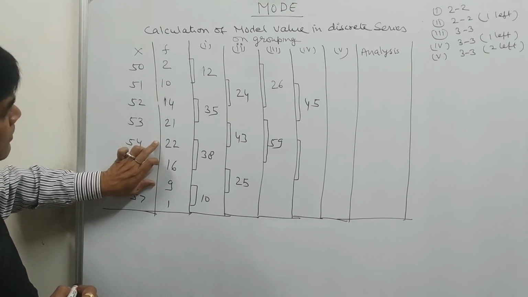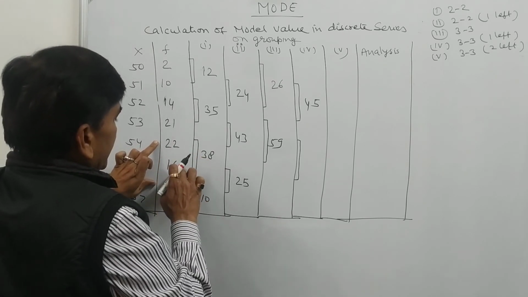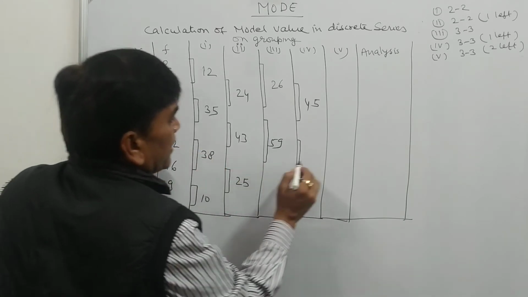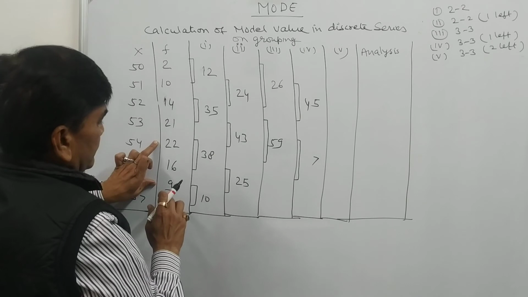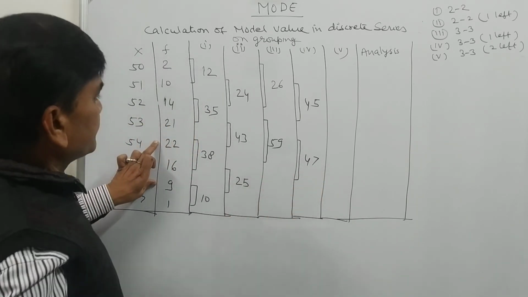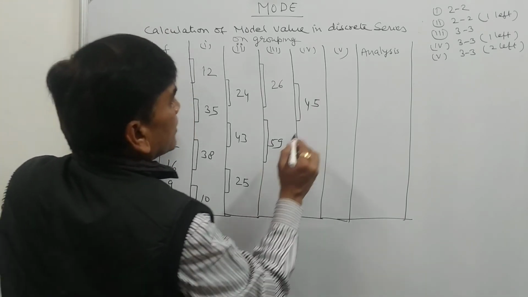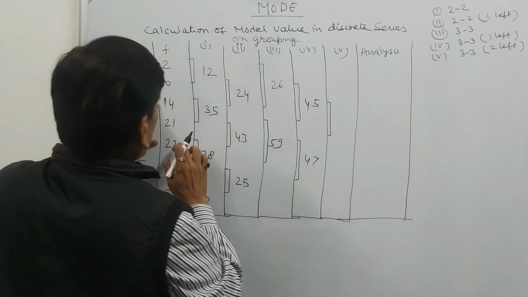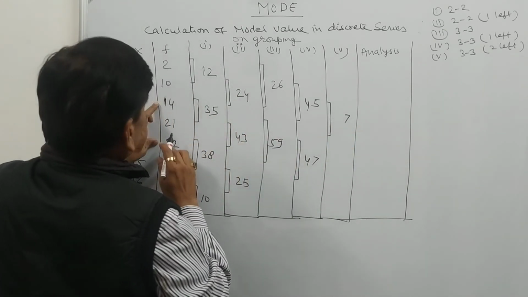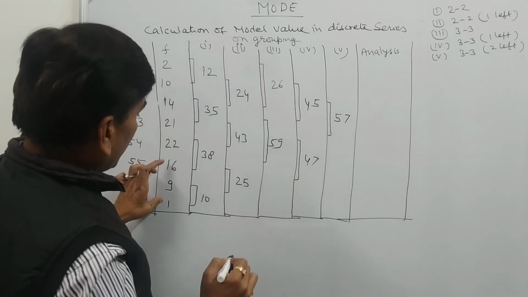We have made some mistake, no problem at all. Then 14, 21, 22 is 57, and 21, 22, 16 is 59. Then 22, 16, 9 is 47. Then 2 are left, and 16, 9, 1 is 26.